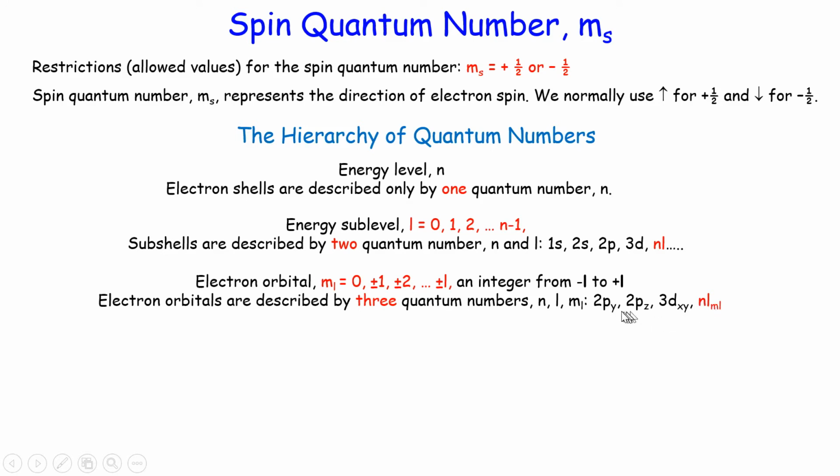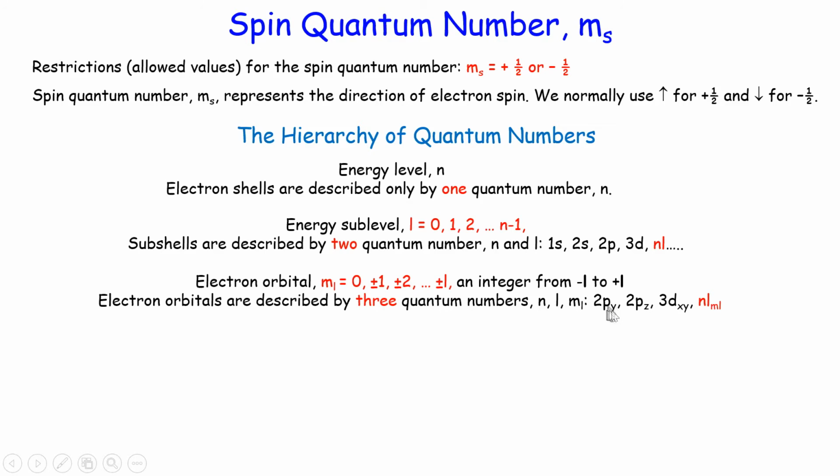For example, 2py. 2 means n equals 2, p means l equals 1, and y is one of the 3 ml values in the p subshell, indicating the orientation of this specific orbital in space.